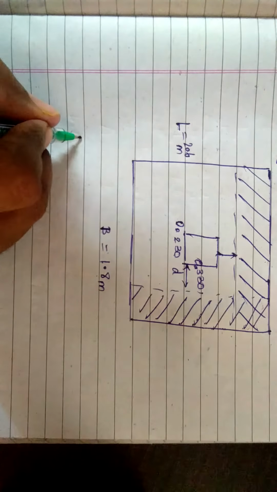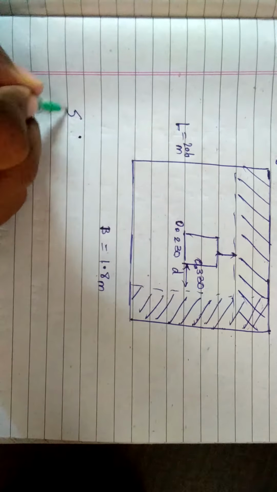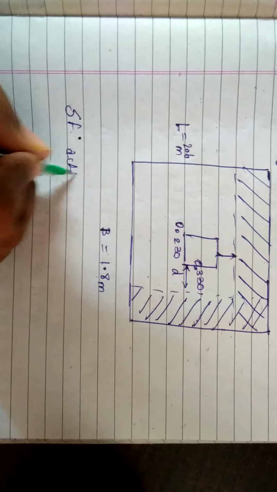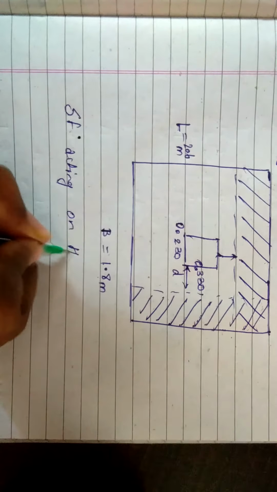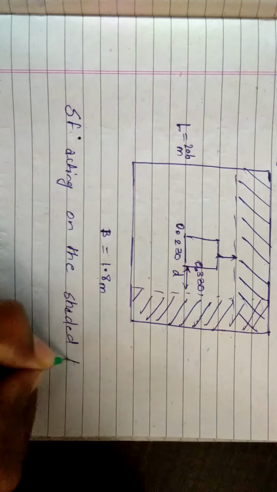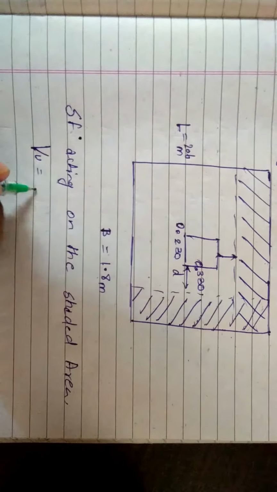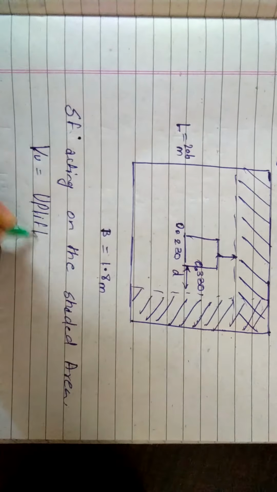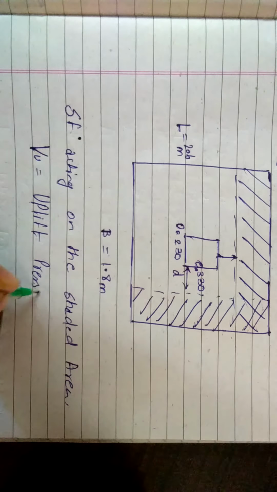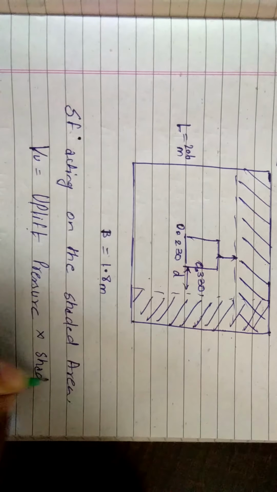Now the shear force acting on the shaded area, means Vu is equal to uplift pressure, means the upward soil pressure, into the shaded area.